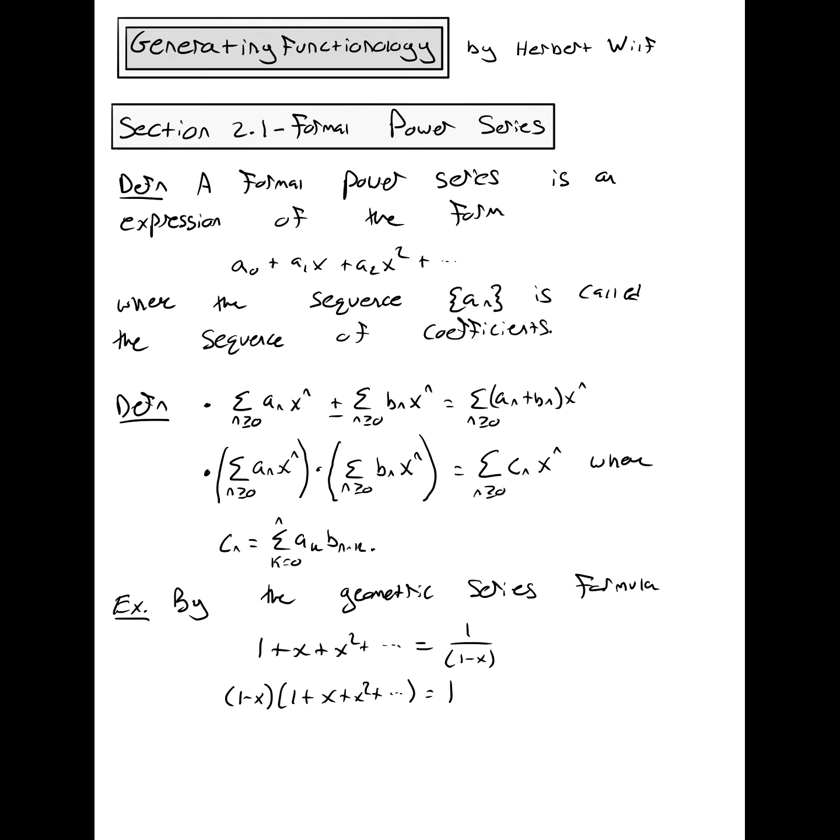So when I multiply these two together, the first one, this 1 minus x, is actually a power series where all of the other coefficients that aren't listed are just 0. And this is a power series where all the coefficients are just 1. So if I multiply these two power series together, indeed we get 1.